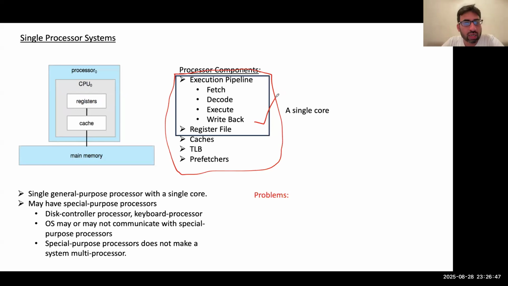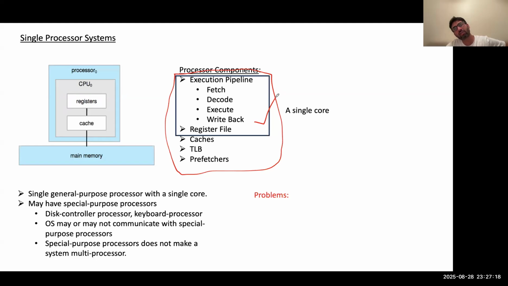Okay, now what are the drawbacks? Remember why we are talking about these different kinds of computer architecture: because we said that we want to look at how we can increase the computing power of a machine, right? Now, how do we measure the computing power?